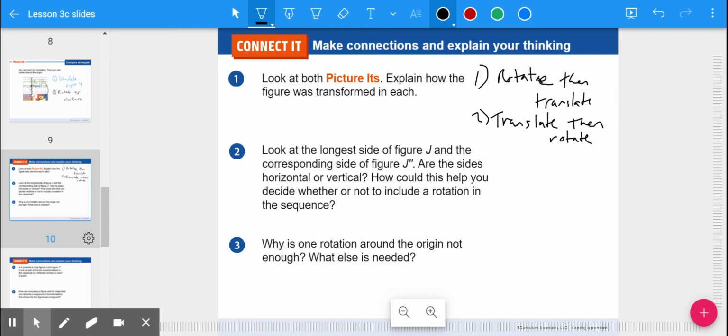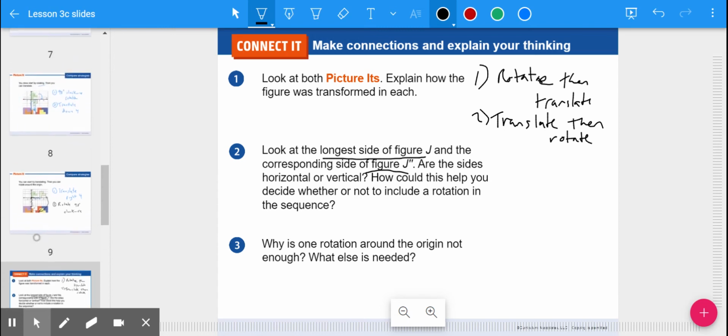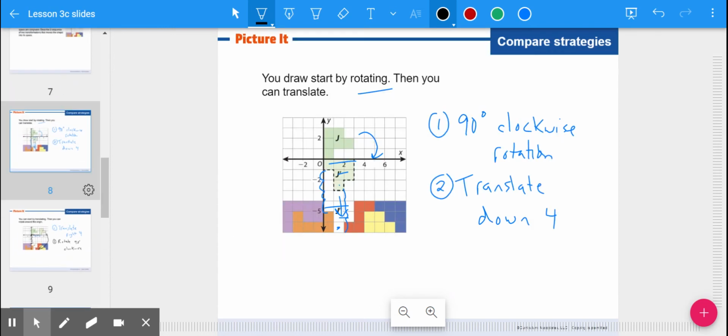Let's go to number 2. Look at the longest side on figure J and the corresponding side on figure J double prime. The longest side on figure J is on the left side right here.